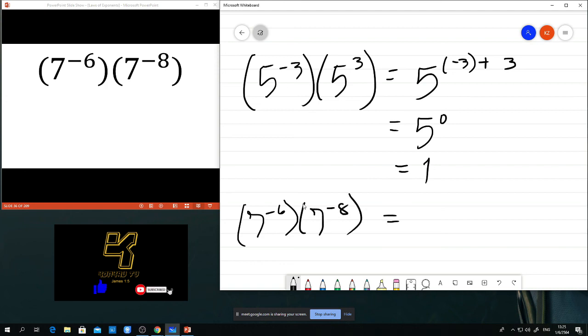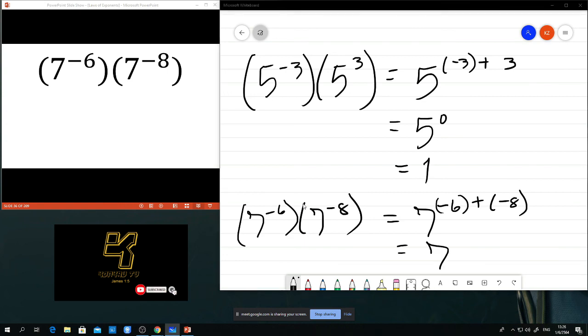What are we going to do with this? 7 power of negative 6 times 7 power of negative 8. Negative 6 plus negative 8. So what is the answer?